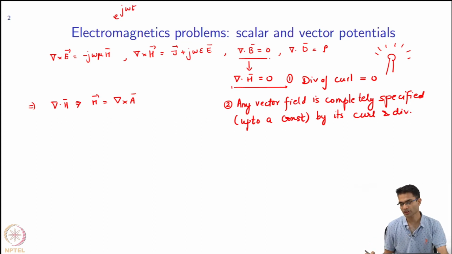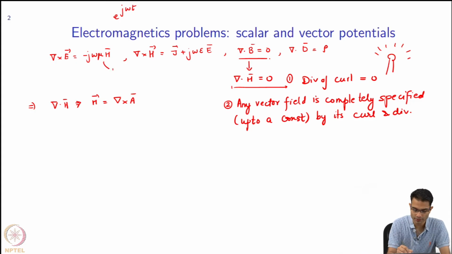Okay. So, for this vector field A, what have I specified? Right. So far I have specified the curl. So, I have taken a vector field A and I have said curl of A should be equal to H. So, one degree of freedom is still there with me, the divergence, which we will exploit later on. Okay, so now that I have this, what can I do with it?